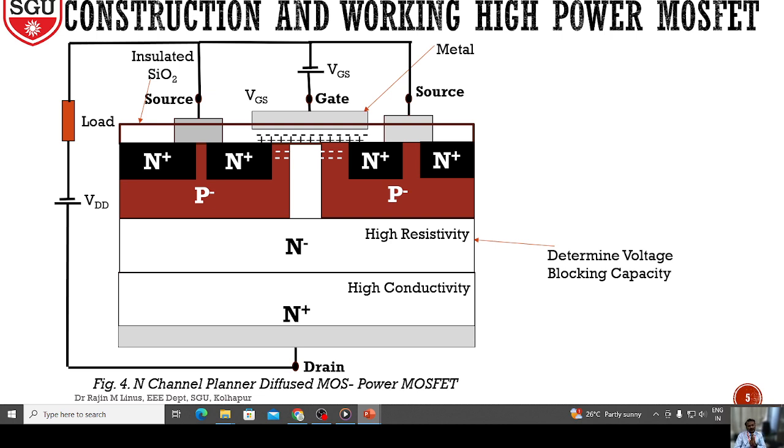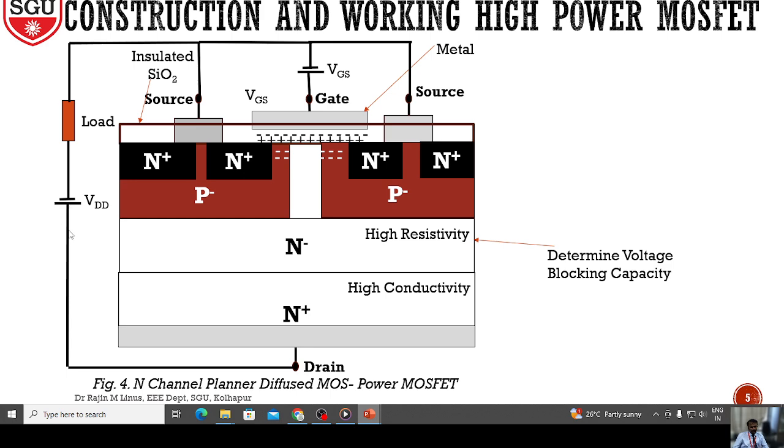That is why the current rating and the voltage rating will both increase. Now in this case we can see the n plus layer, this is the drain, connected to metal, and the source is also connected to the metal. There are two sources, and the gate terminals are connected together.